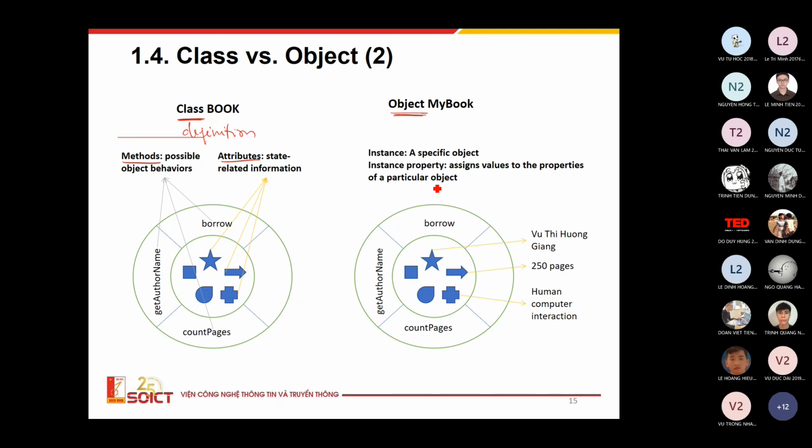And for the object, we will have the instant property. Yeah, that means we have the true value or the real value for each attribute. Okay, you know this the true value for the property.